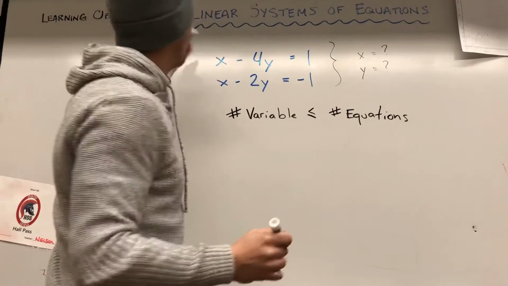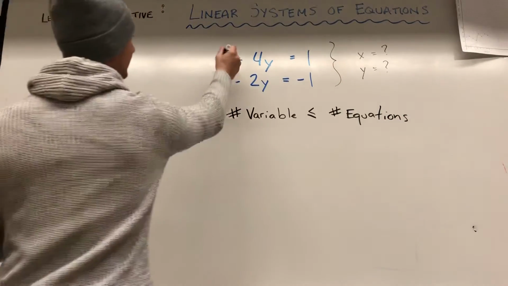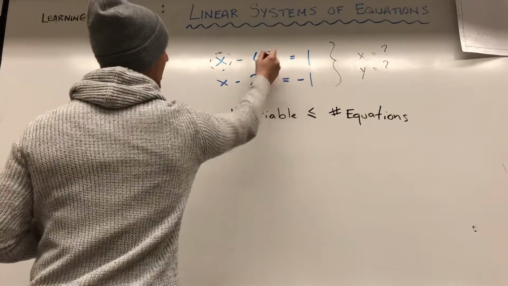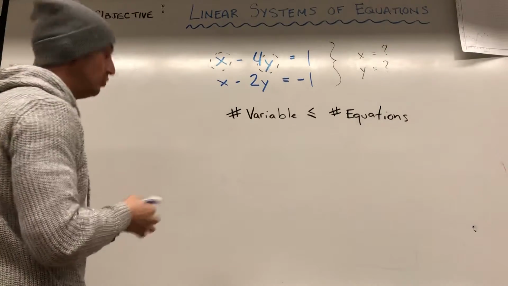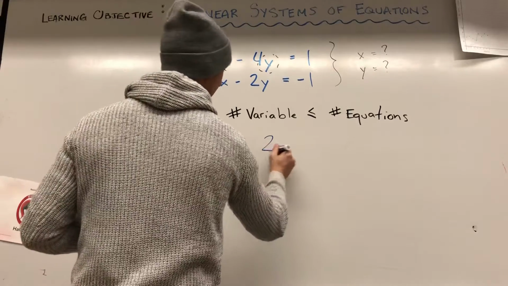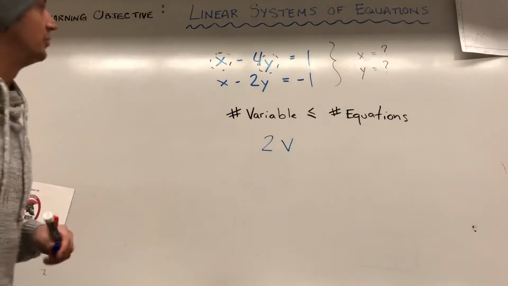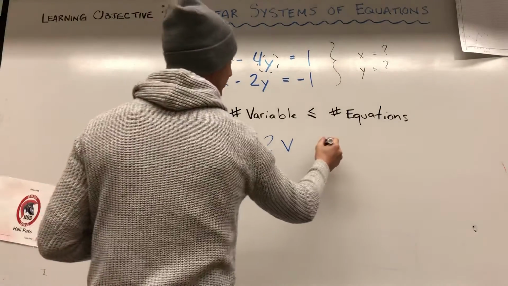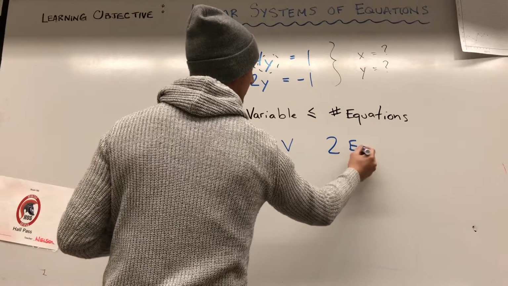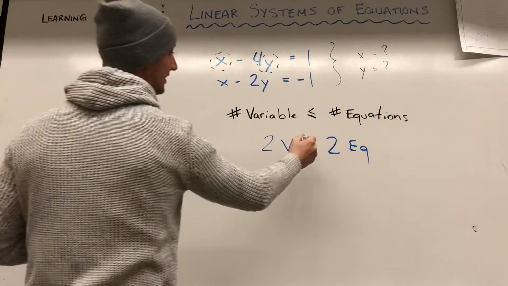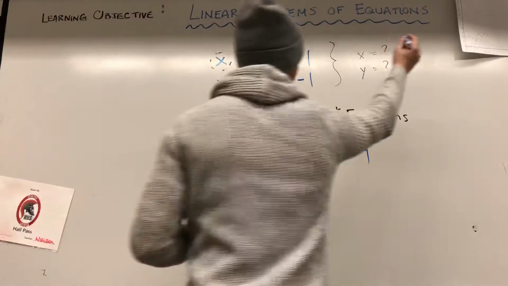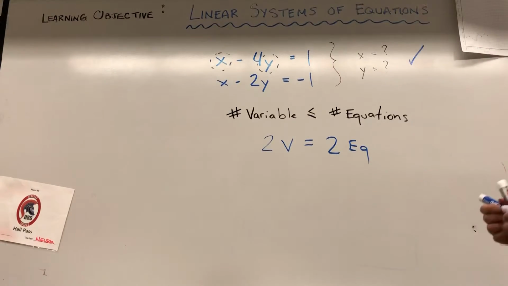So how many variables do I have in this system of equations? Well, I have x's and I have y's, so I have two variables. How many equations do I have? I have two equations. 2 is equal to 2, so yes, I can solve this system of equations.